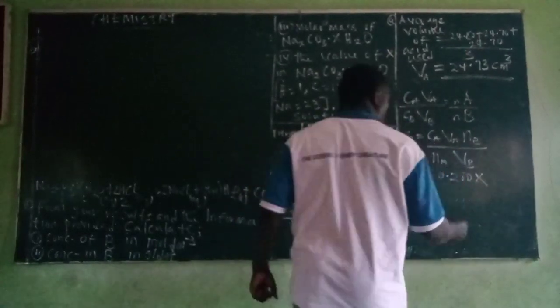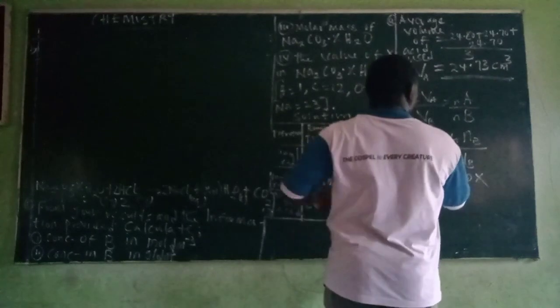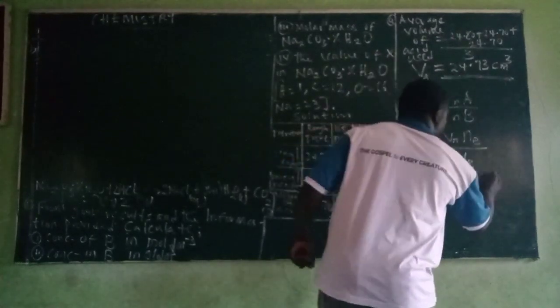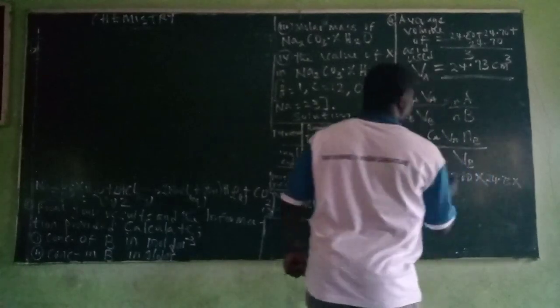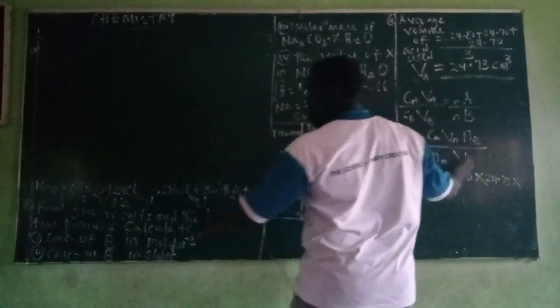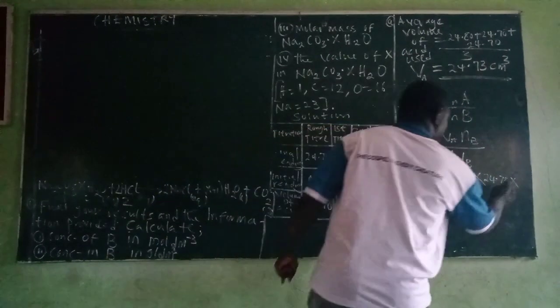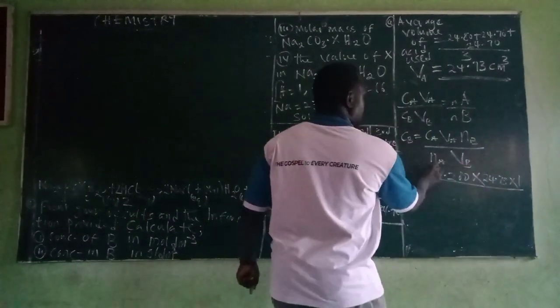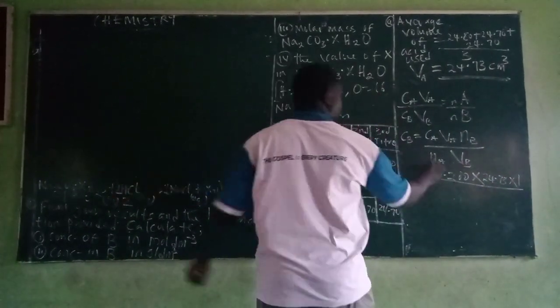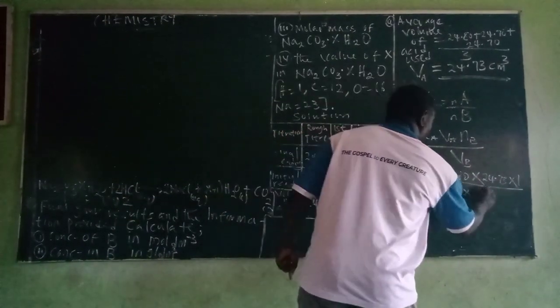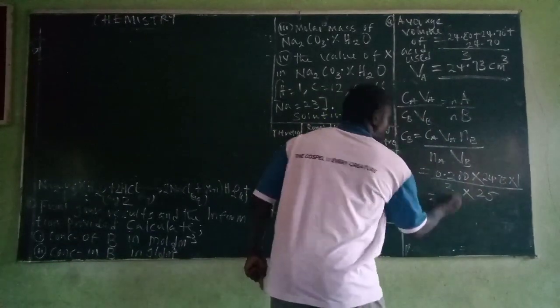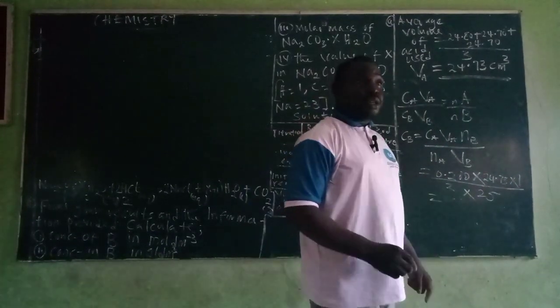You can check it in the question that has been wiped. And then the volume of the acid, we just got that here, 24.73, and the mole ratio of the base is 1. Coming to the mole ratio of the acid, we have 2 there, and the volume of the base obviously is 25. It's constant.